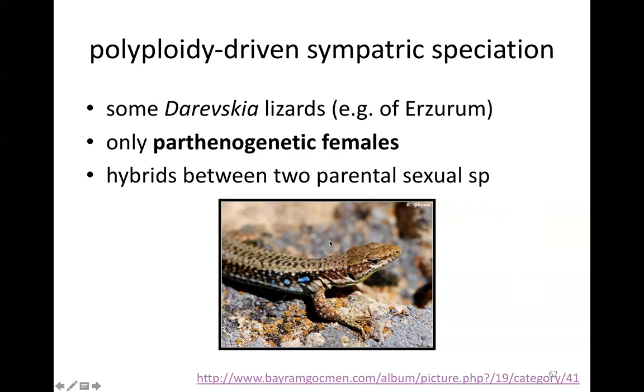So these guys are just females, and they have different species as father and mother, but they cannot do sexual reproduction, as far as we know. And yeah, there are multiple instances of such hybrid lizards in that region, the Caucasus. Darevskia is the name.